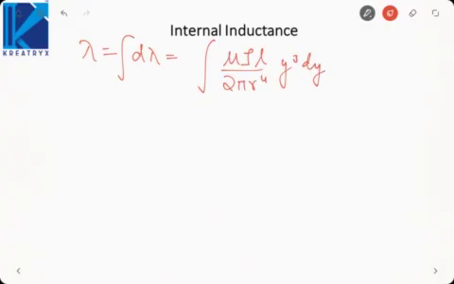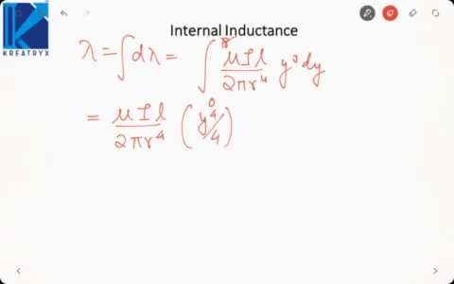Now for internal, this y can go from 0 to small r. So this will be mu I L by 2 pi r raised to power 4 into y^4 by 4. So that is mu I L by 8 pi.